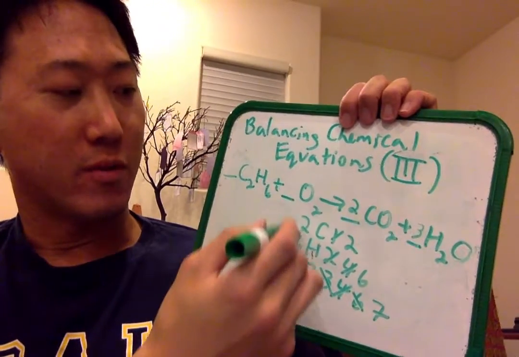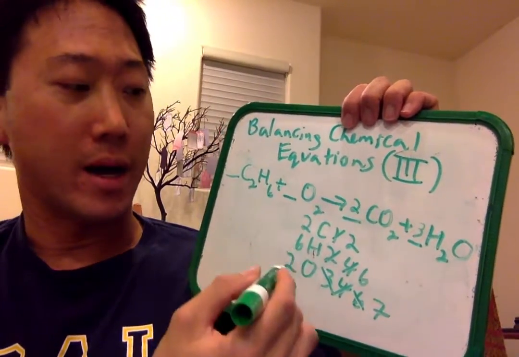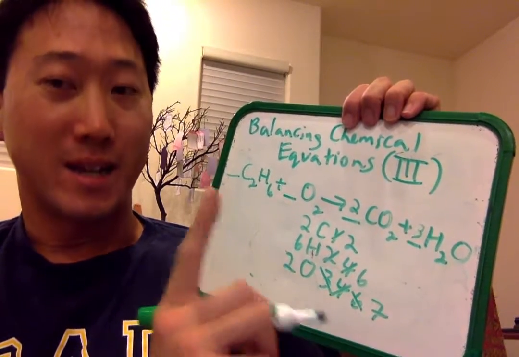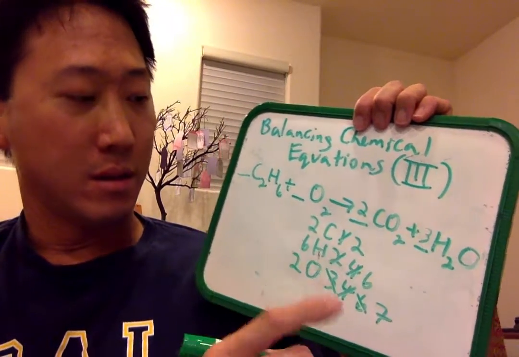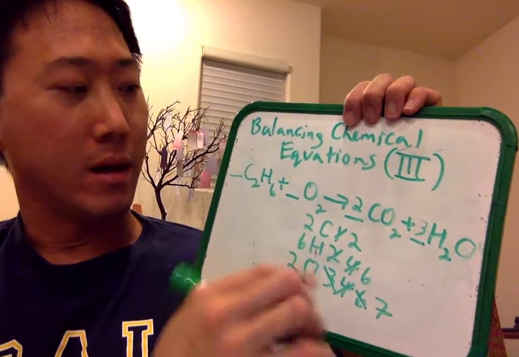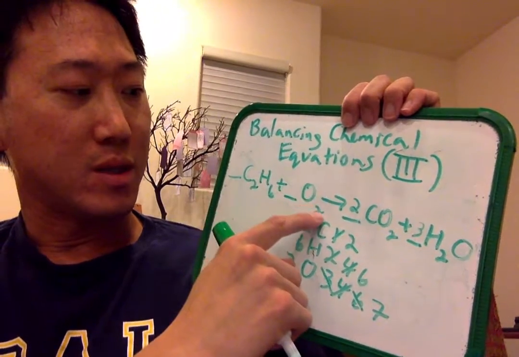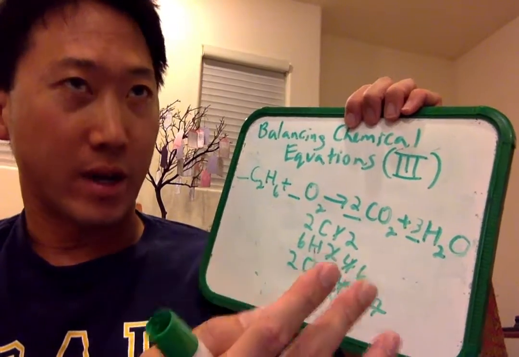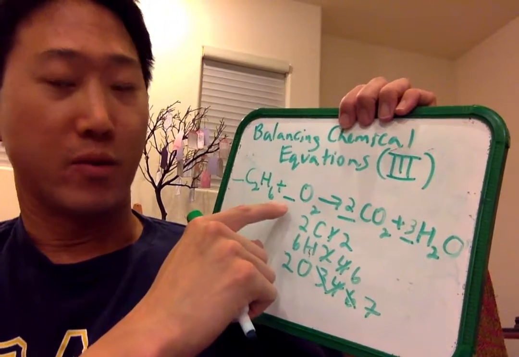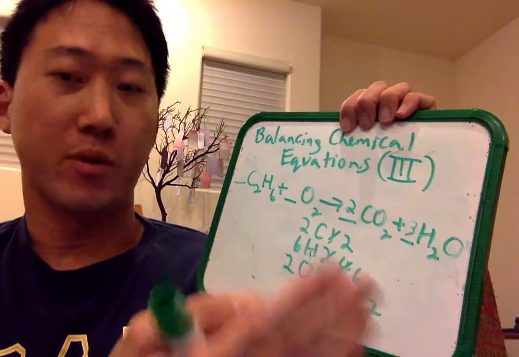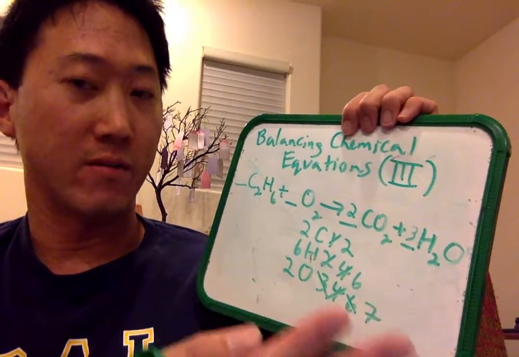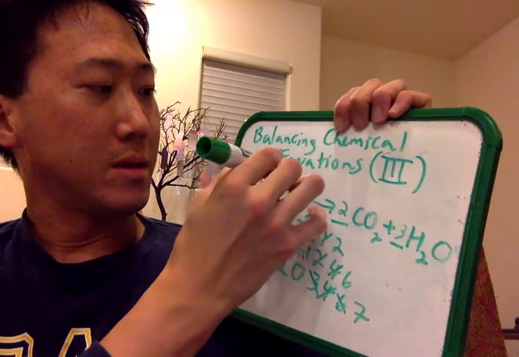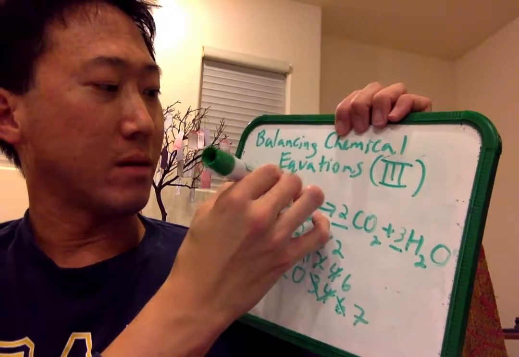So the number of oxygens on the left will never be odd to match this one, unless I use a fraction. So the easiest way to do that is say, okay, what number times 2 will give us 7? So basically, if you think about it, it's going to be like 3.5 times 2 is 7. Well, 3.5 is what fraction? 7 over 2. So we can put 7 over 2 here.